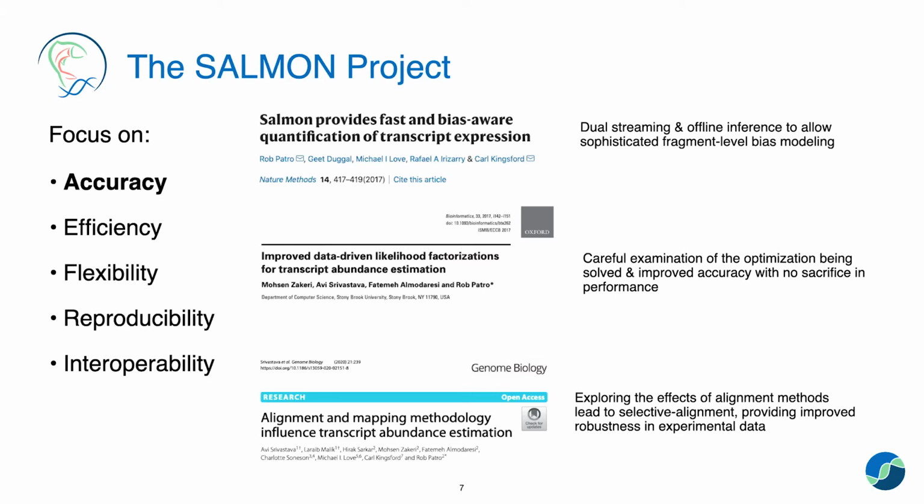And then also looking at how the ways people provide input to the tools affect the accuracy, and developing new ways of mapping reads to locations in the genome, such as selective alignment. Selective alignment is a lightweight alignment strategy that lets you get the accuracy from doing a full alignment of your reads to the transcriptome, but with the speed of a lightweight alignment.